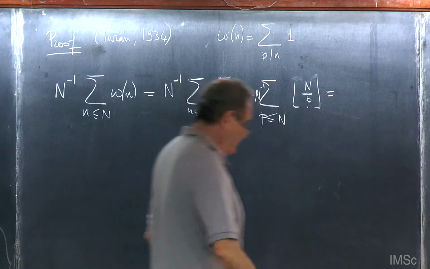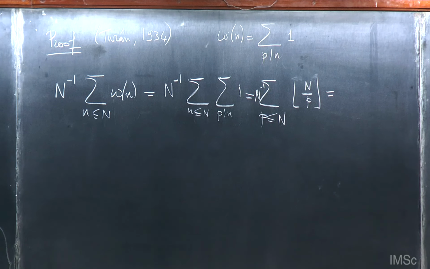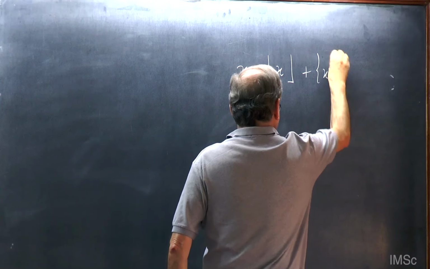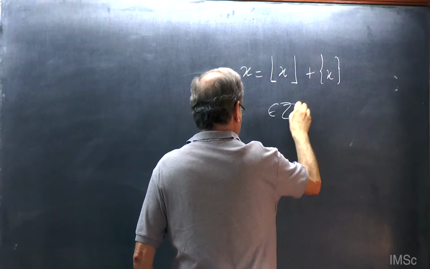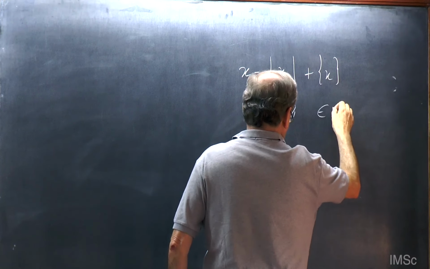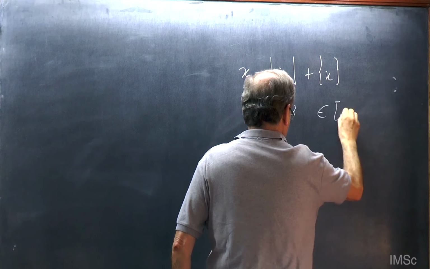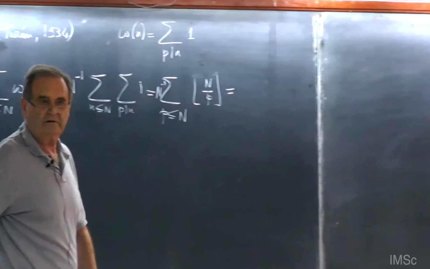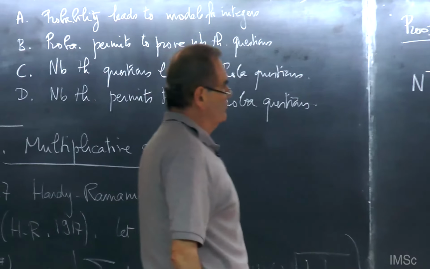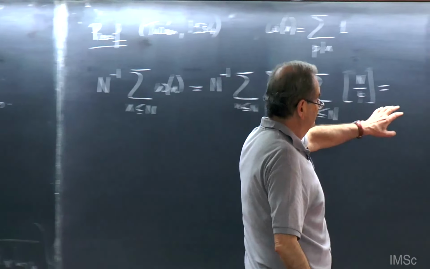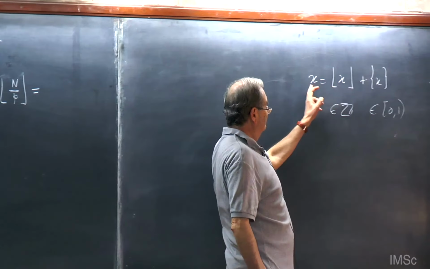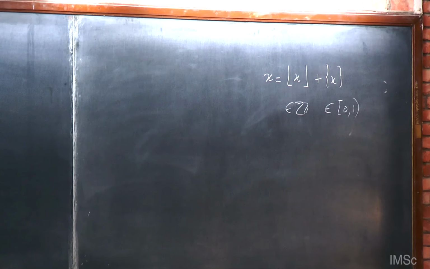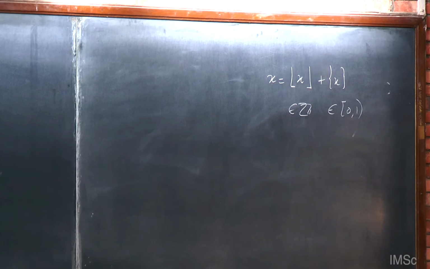You always write a real number x as its integer part, which belongs to Z, plus its fractional part, which belongs to [0, 1). There is a unique way to write it that way. So this means that this number is essentially x plus something which is bounded, big O of 1, even with a constant, you master completely.